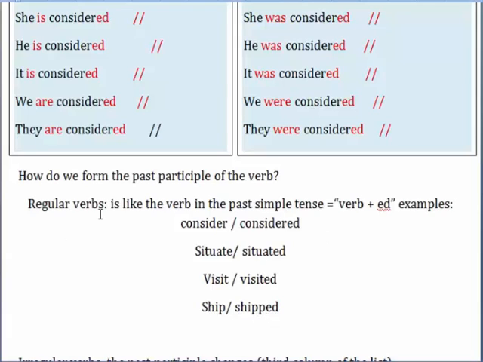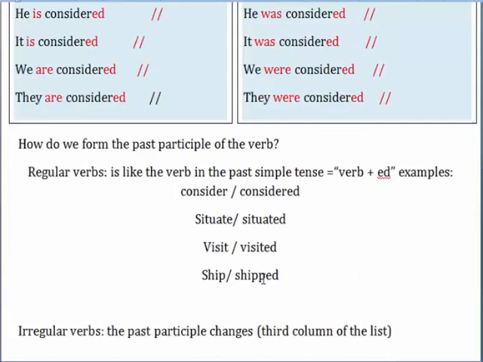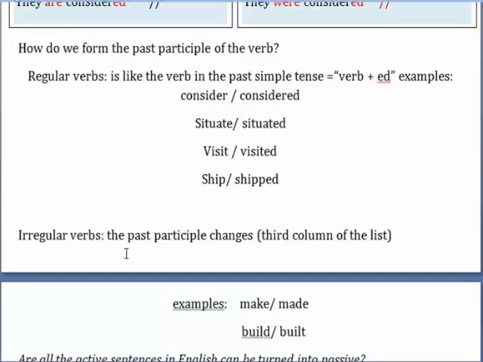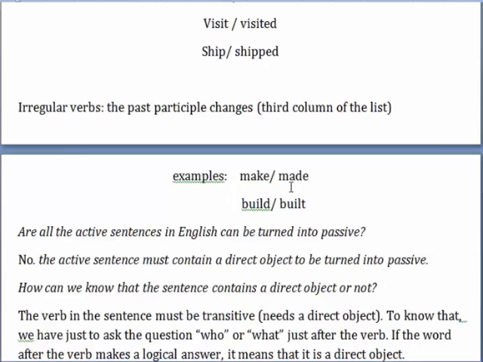So for regular verbs, the past participle is the same as the past simple. For the irregular verbs, the past participle will change. You will find it in the list in the third column. Example: make, made, build, built. These we have already dealt with before.